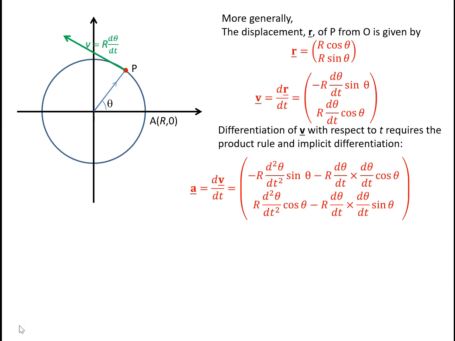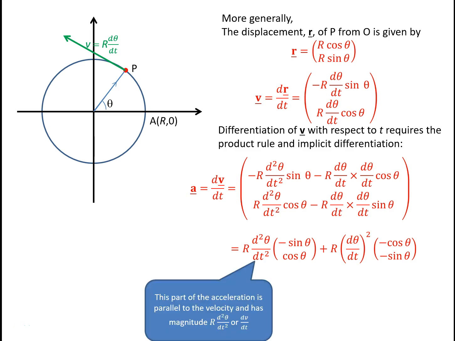Now if we look carefully at this and split the acceleration into two parts, we can rewrite the acceleration as r d²θ/dt² times (minus sin θ, cos θ) plus r (dθ/dt)² times (minus cos θ, minus sin θ).